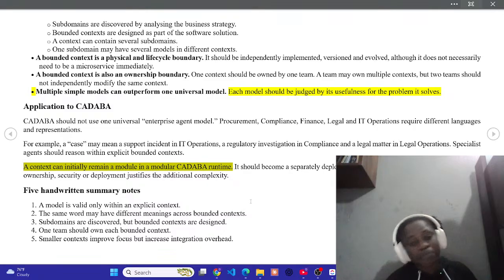So this is why bounded context is very, very important. Every domain is bounded, so also their solution is bounded to them.